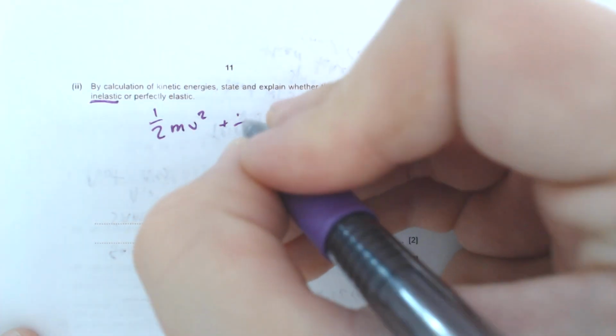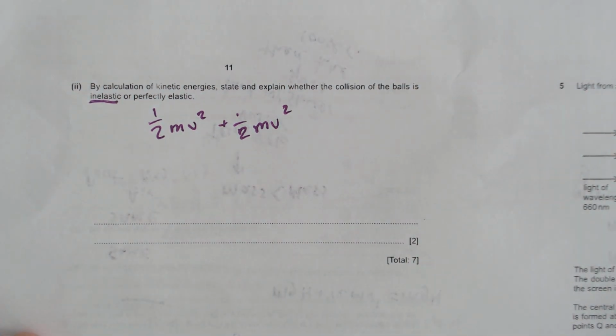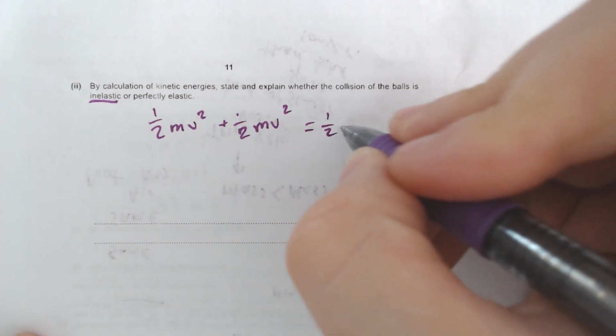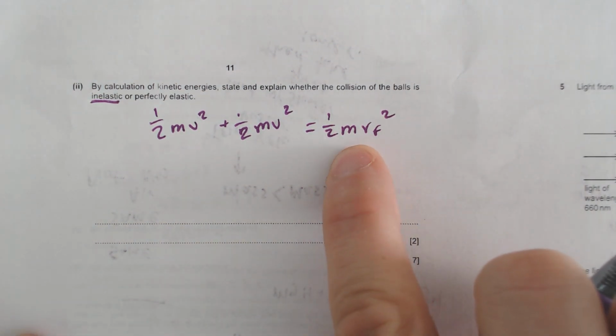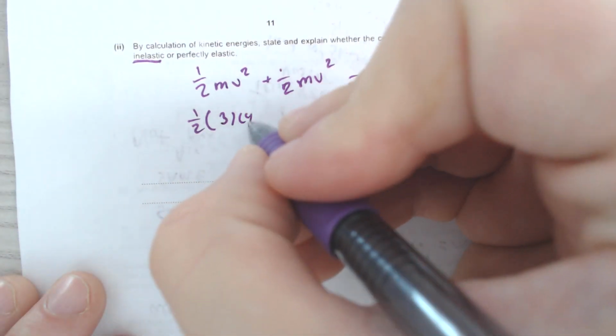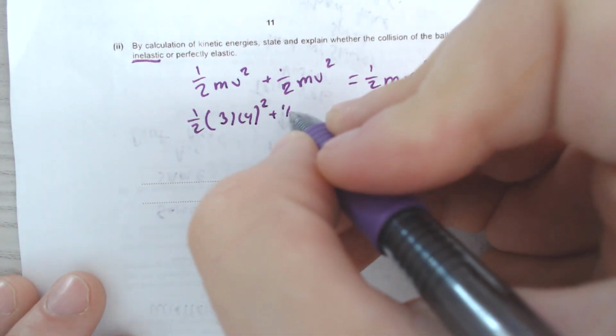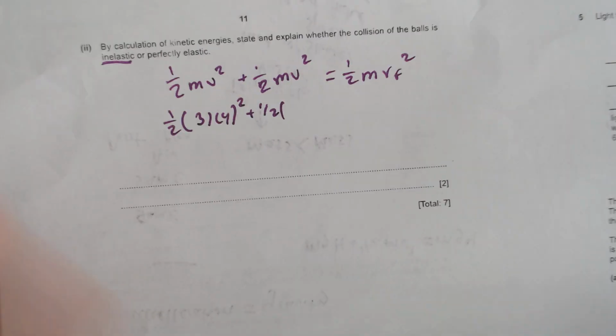We can do 1/2 mv squared plus 1/2 mv squared. The initials, they had two initials. How did that compare to the 1/2 mv final squared, which they were combined, so that would be like m plus m there. So we had 1/2 of 3, and the velocity was 4, plus 1/2 of the mass of 2.5 and velocity 4.8.